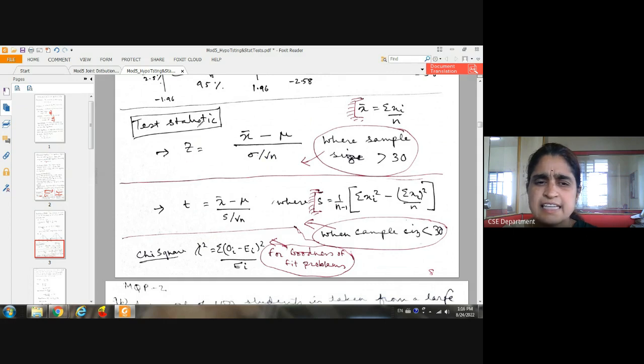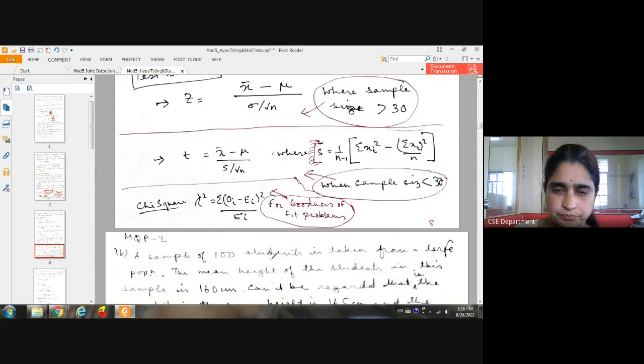The test statistic for Z is x bar minus mu, where mu is your population parameter, divided by sigma by root n. This will be given to you. These are the 3, just check in the notes. You need these 3 formulas, all our problems are within these 3 formulas. We did module 5 problems, so you can note it down.